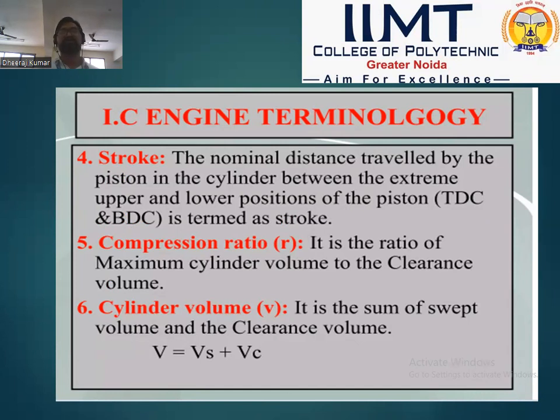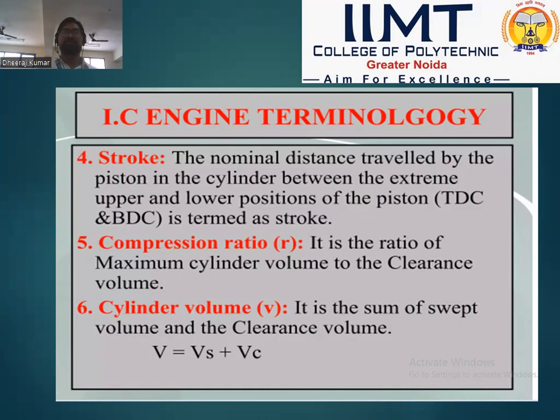Compression ratio. It is defined as the ratio of maximum cylinder volume to the clearance volume, that is, the volume of the cylinder before the compression and after the compression.